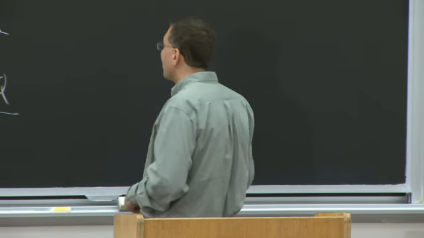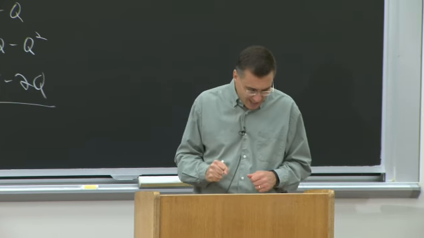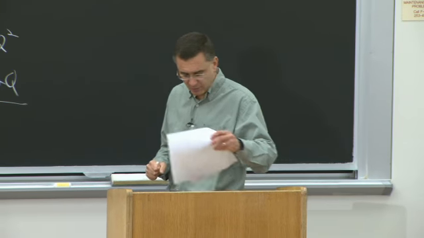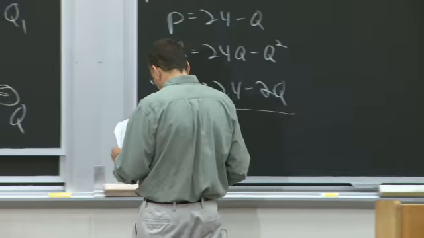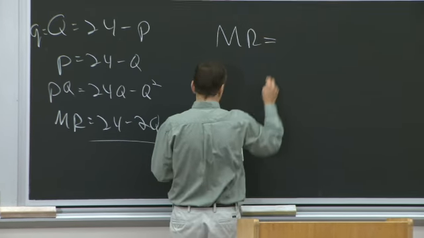Now, what I want to highlight here is this means there's a very important relationship between marginal revenue and the elasticity of demand. So let's take our marginal revenue equation and put it back in change terms.